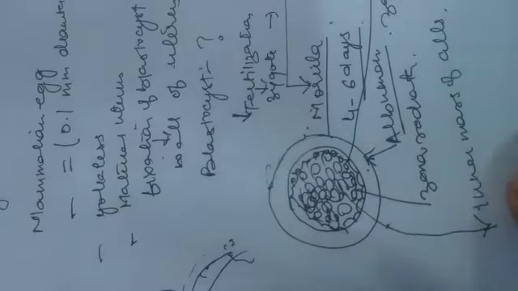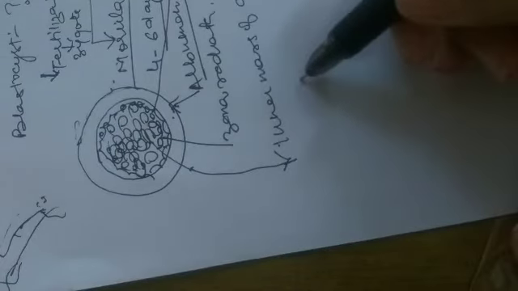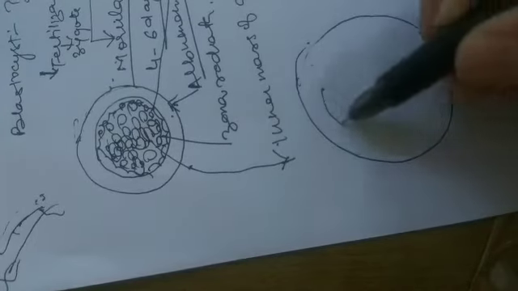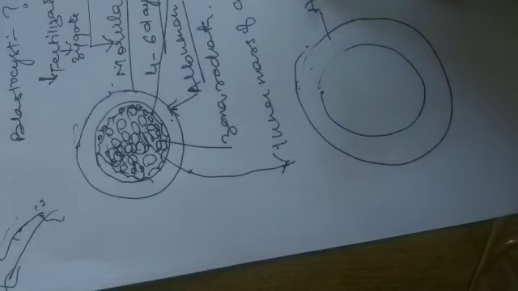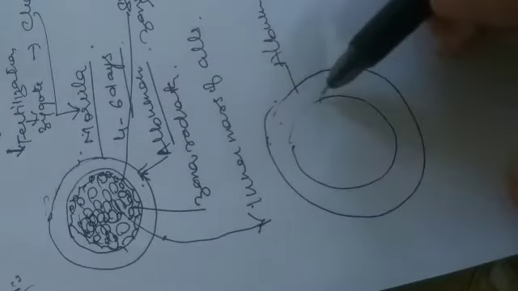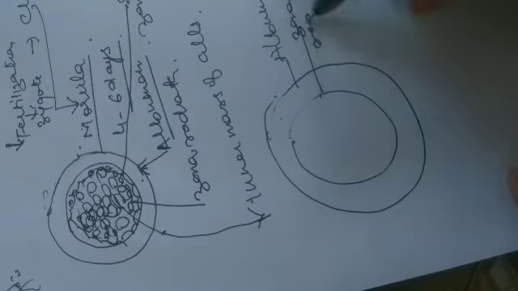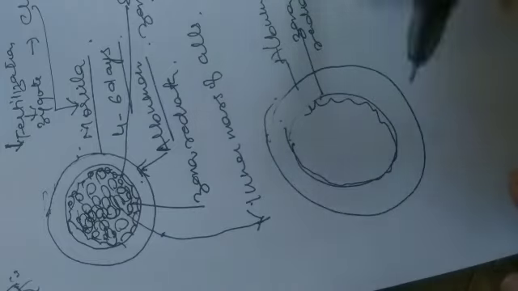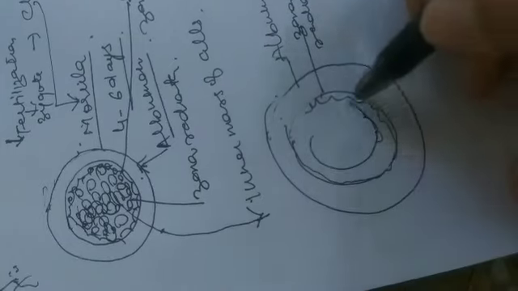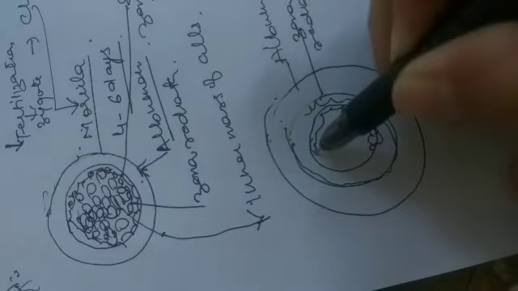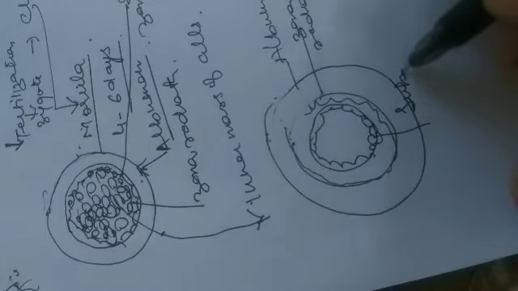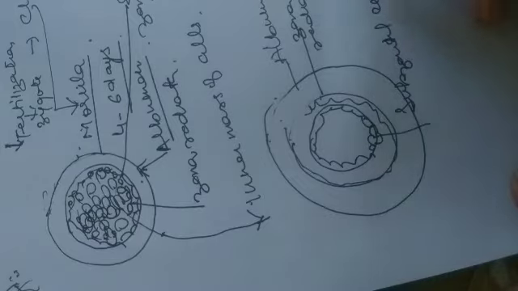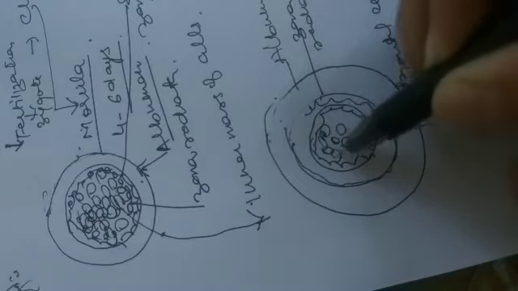Now once it reaches the uterus, the next step is it starts enlarging, and hence it develops a fluid filled cavity. This is your albumin layer, and here is the zona radiata layer. Inner to this is another layer, the subzonal cells, and there is the inner mass of cells.